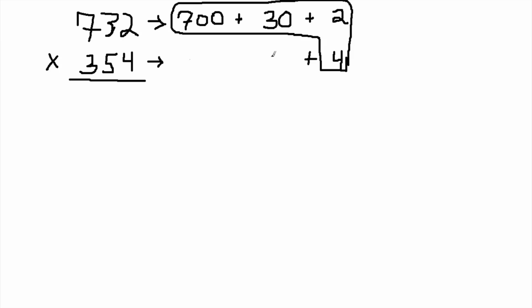Okay, so we're going to multiply 4 times 2. We're going to multiply 30 times 4. And we're going to multiply 700 times 4.